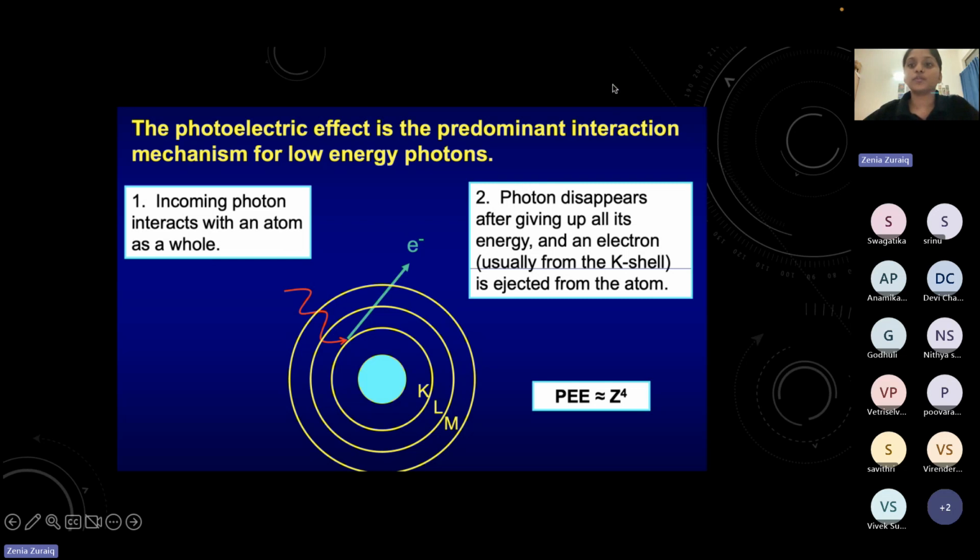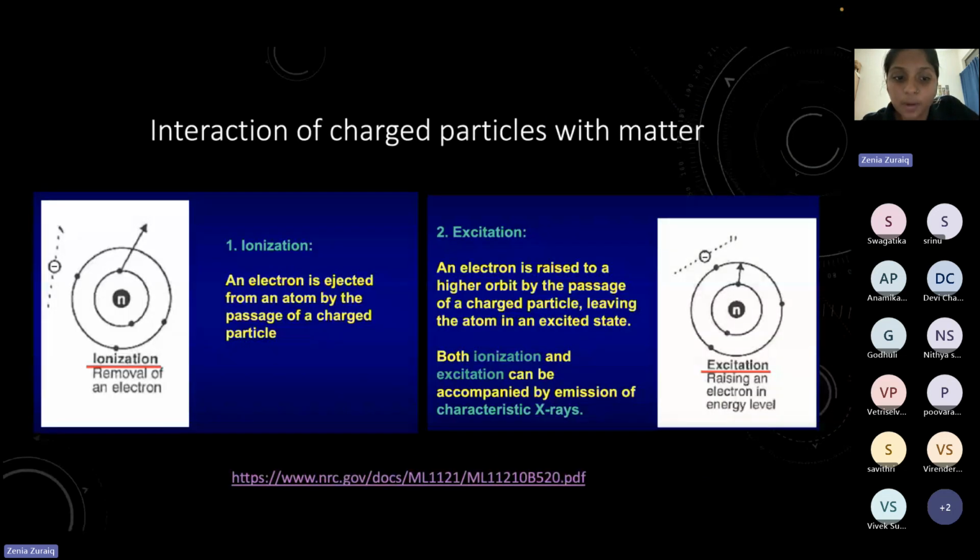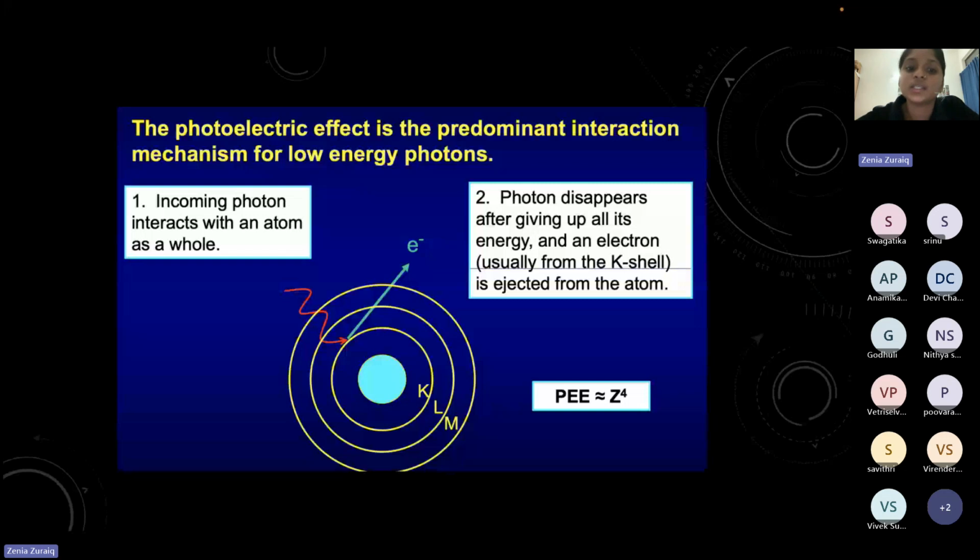So you can see that for low energy photons, it's actually the photoelectric effect which has the major role to play. So we have an interacting photon, and it emits an electron. So this is basically your ionization process, but from the point of view of the photon, right? But here it's not really an ionization, because there it was a charged particle giving the energy, but here it is the photon which is giving the energy, and the photon actually disappears.